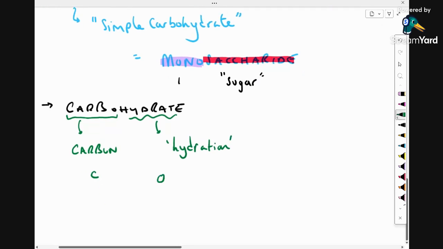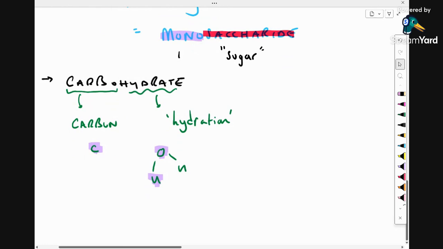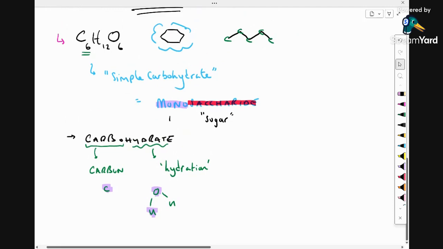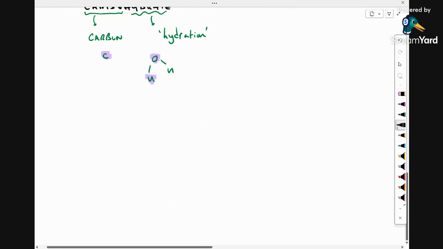If you imagine water, as we all know, has the structure H2O, that means we must have oxygens and hydrogens in there as well. So the 3 elements that make up carbohydrates are carbon, oxygen, and hydrogen. That is quite literally what carbohydrate means.